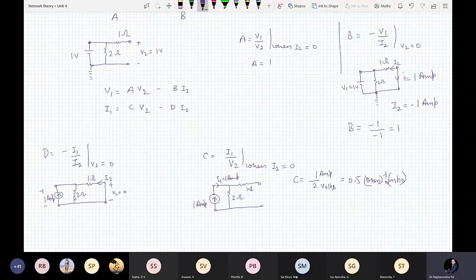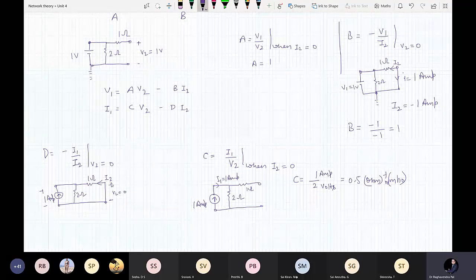Okay, I told you already the shortcut method to solve it. When 1 ampere is passing and total 2 and 1, 3 ohm is there, so 3 parts you divide it. So one part is 0.33. Okay, so it is 2 ohm, it is 1 ohm. So 0.33 into 2 will be passed here. This is the shortcut you should already know.